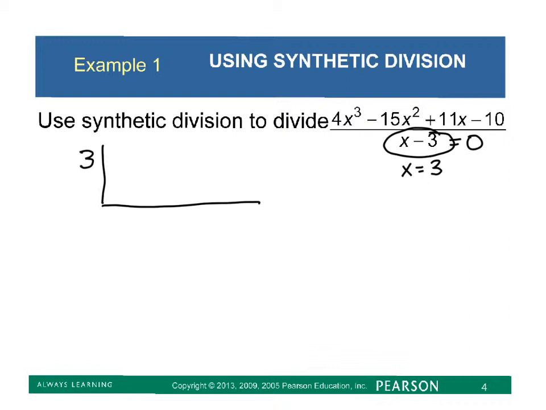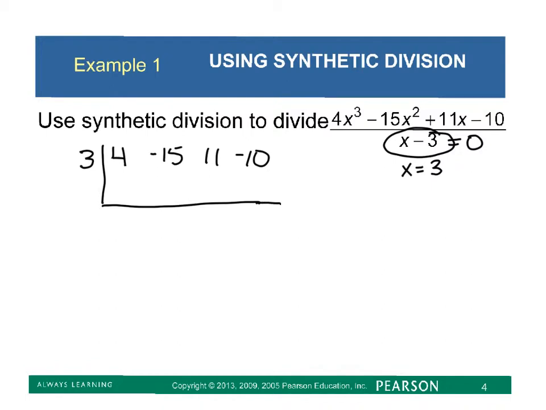And then what goes on the inside are the coefficients of all of our terms here. So 4, negative 15, 11, and 10. And notice this polynomial is not missing any terms. It goes down from a power of 3 to 1, then none. So there's nothing missing. We just take those coefficients and write them in this spot here, and here, there, and lastly, there.